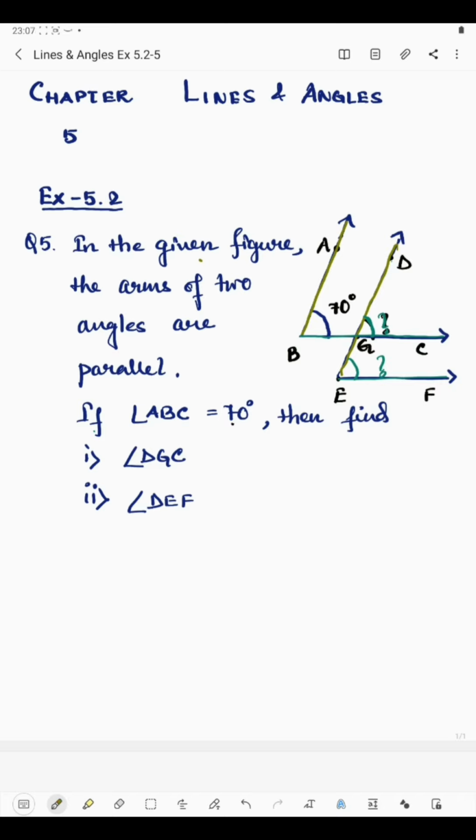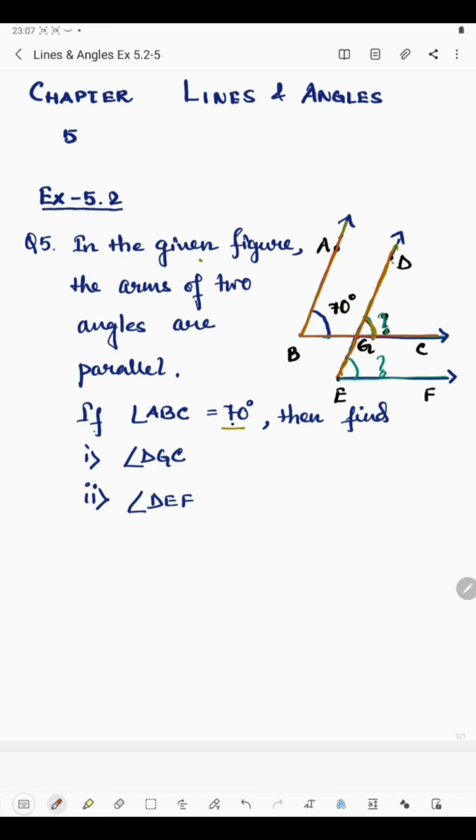Now let us find the first part. Here it is given that angle ABC is 70 degrees. Then find angle DGC. When we are finding this angle, AB and DE are parallel, and that time BC is the transversal.